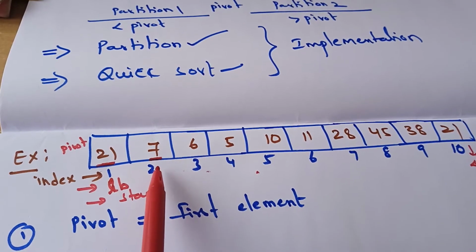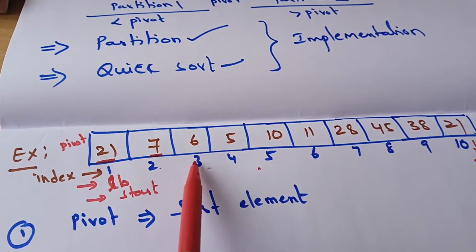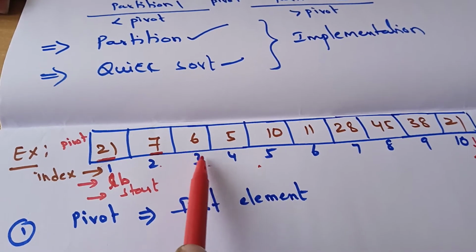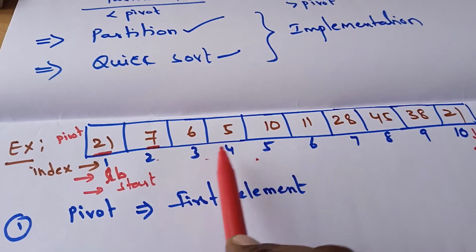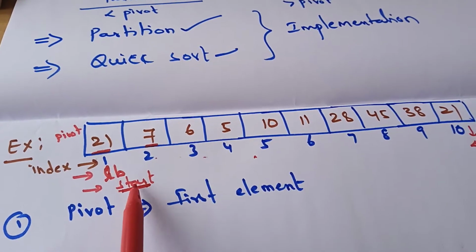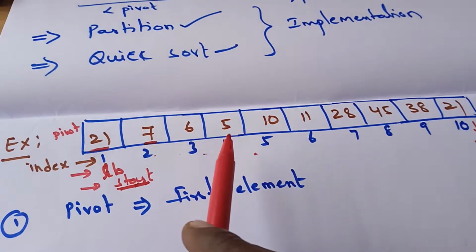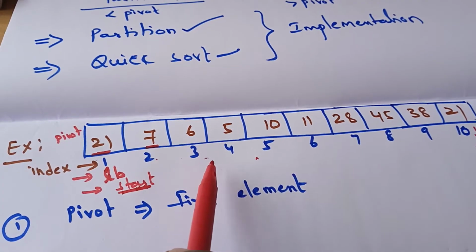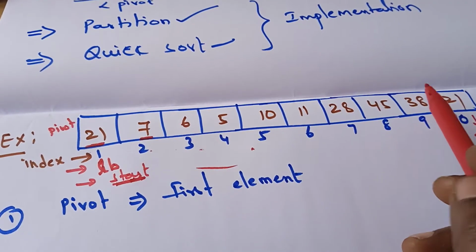So we increase the index. And if the next element is also lesser, we increase the index. Which index? This starting index. The starting index will be increased until you find a greater element. Why greater element? All the greater elements have to be arranged on the right side, right?